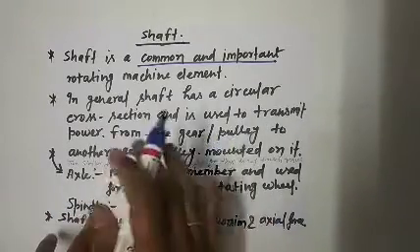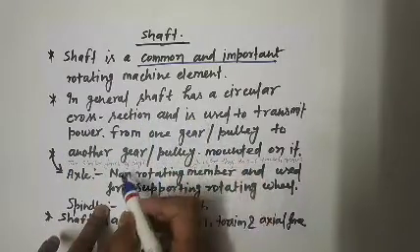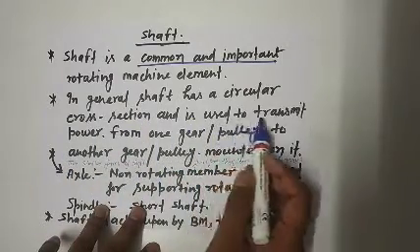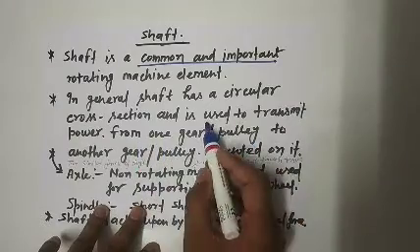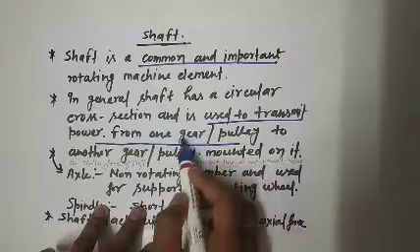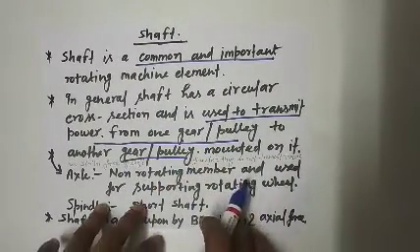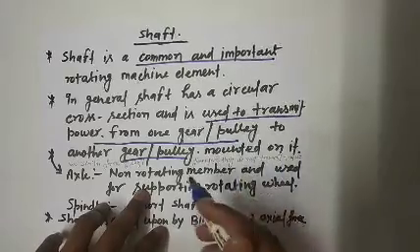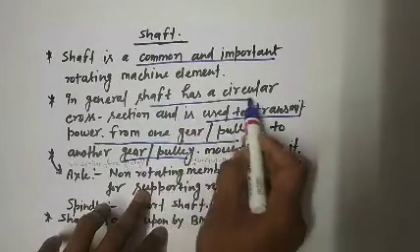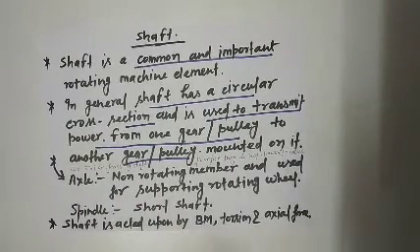Because this is the only mechanism till now which is widely used for the transmission of power from one gear or pulley to another gear or pulley mounted on the shaft, right? In general, a shaft has a circular cross section and they are long members, right?